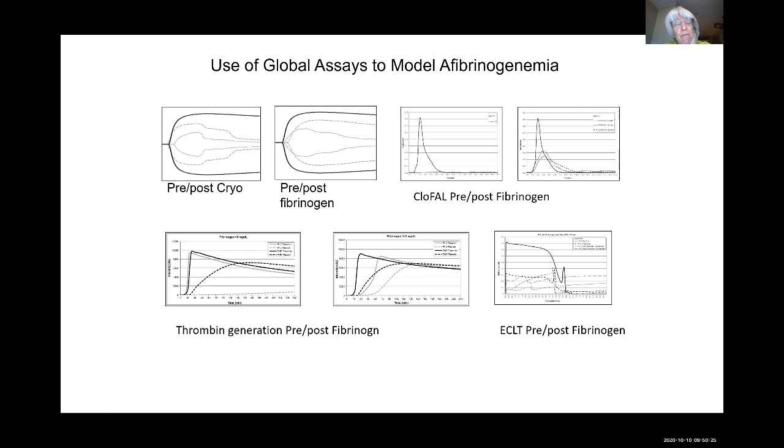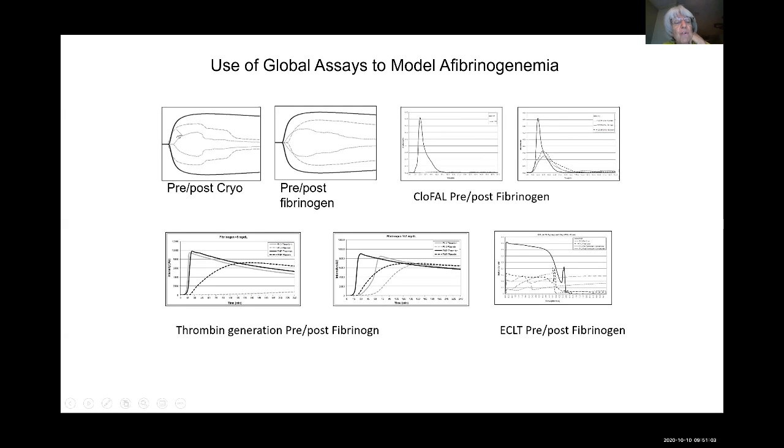Cryoprecipitate is a fraction of the plasma of blood, and a young fellow named Judith Graham Poole was in Seattle training in blood banking, and she realized she was trying to make frozen plasma that when she thawed it, certain large, heavy proteins precipitated, and they include factor VIII, fibrinogen, von Willebrand's protein, and factor 13. And this precipitation had a small volume, so you could give those proteins in high concentration in a small volume. So before we had fibrinogen concentrates, that's what we used to use to replace fibrinogen.